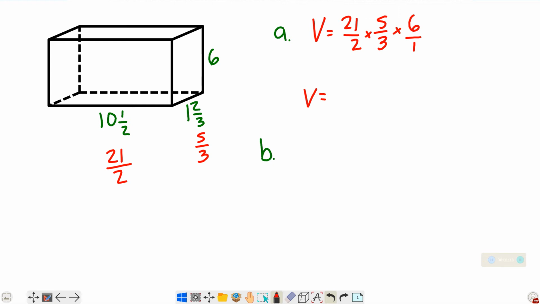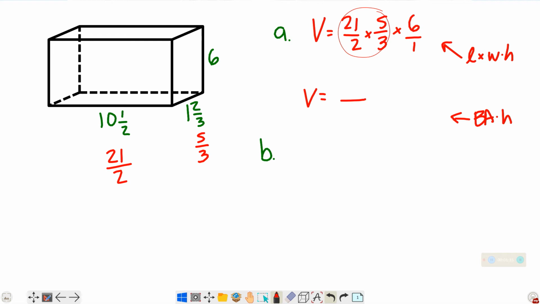And this represents the length times width times height version of the volume. But we could also do the base area times height version of the volume. If we did base area times height, we would multiply those first two fractions together.